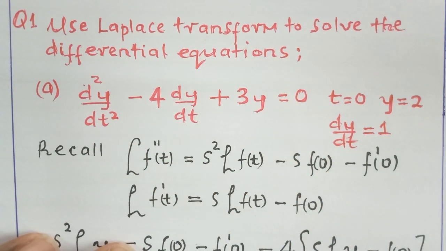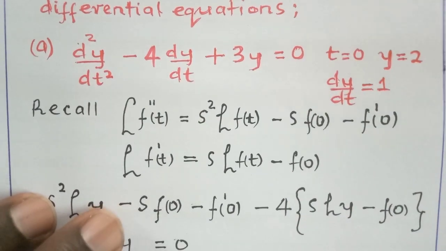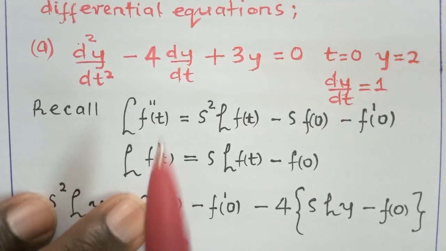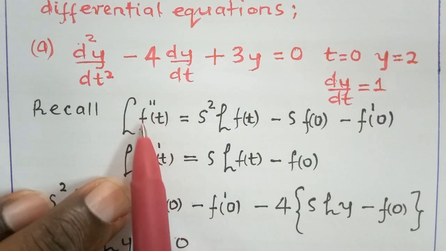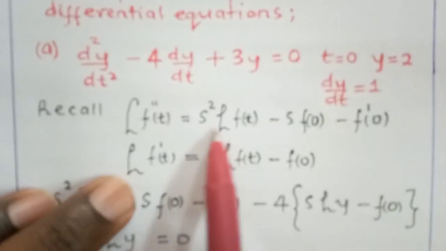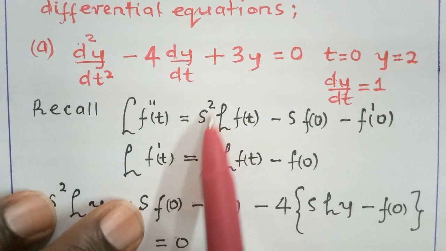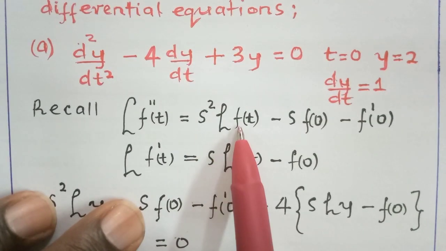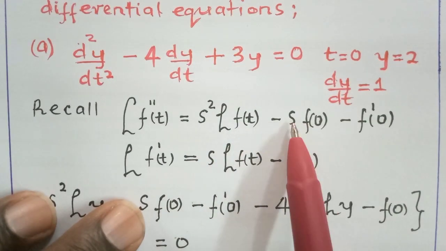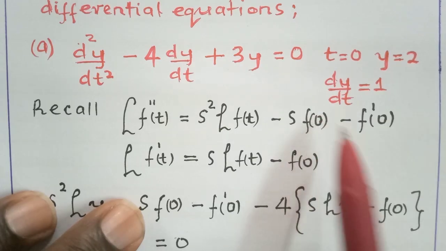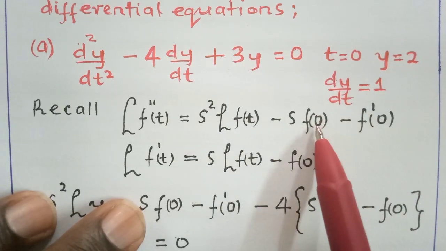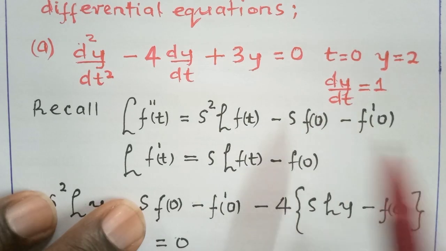So the first thing, guys, is that we recall that the Laplace transform for the second derivative of f(t) is given by s squared Laplace transform of f(t) minus s f(0), that is the initial condition when t equals 0, minus f'(0), the first derivative when t equals 0.